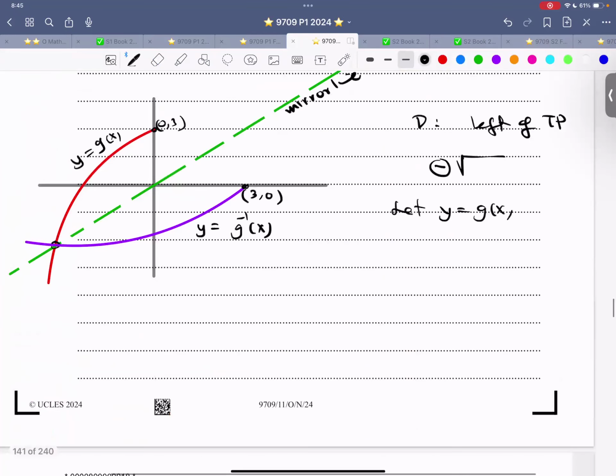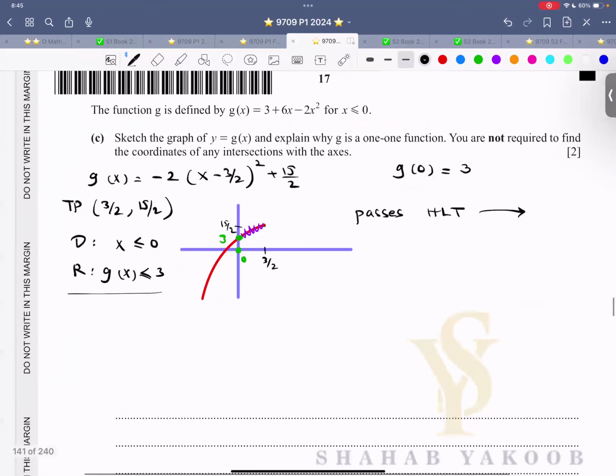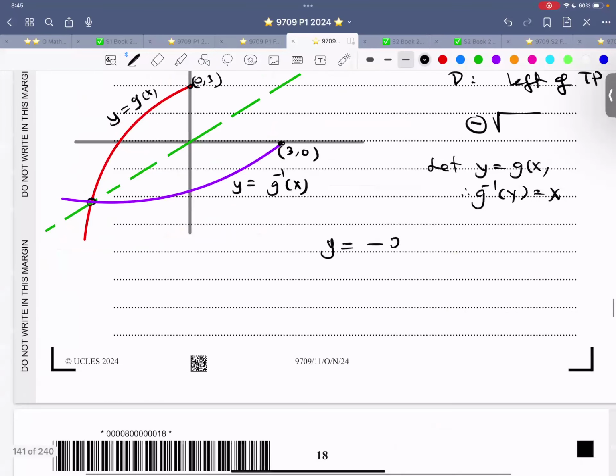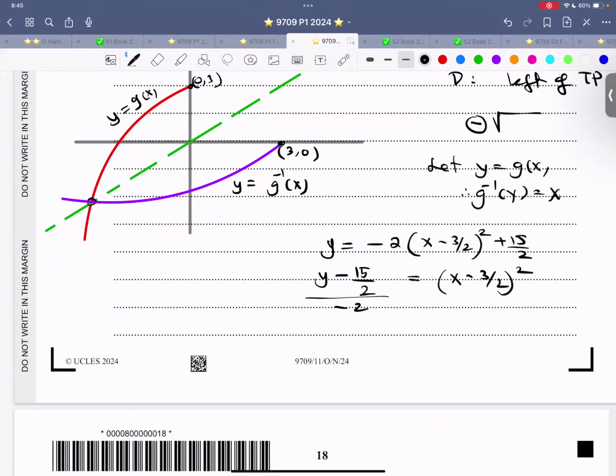And now, therefore, g inverse y equals x. So y equals minus 2 times (x minus 3/2) whole squared, plus 15/2. So y minus 15/2, divided by negative 2, is (x minus 3/2) whole squared. 15/2 minus y, over 2, square root is x minus 3/2.